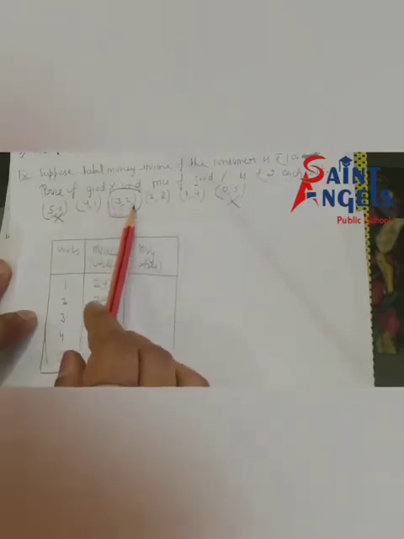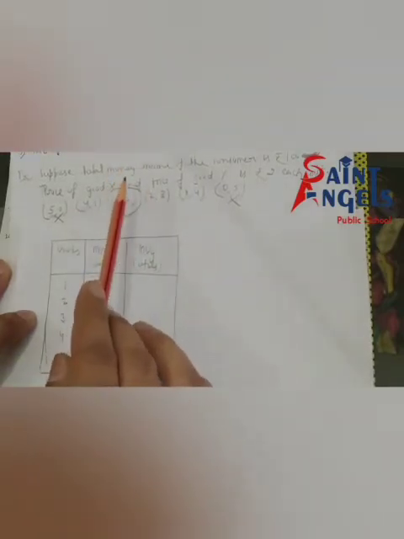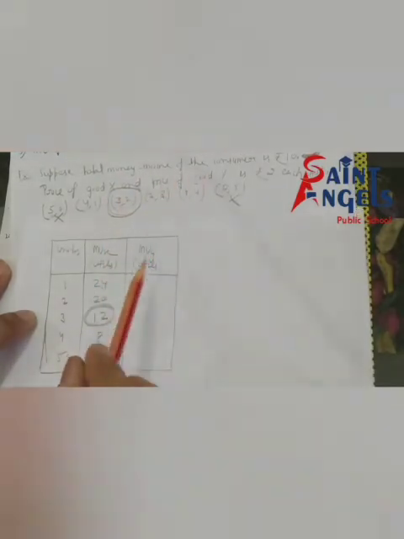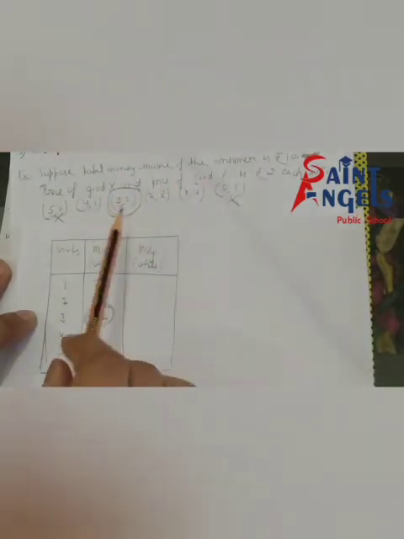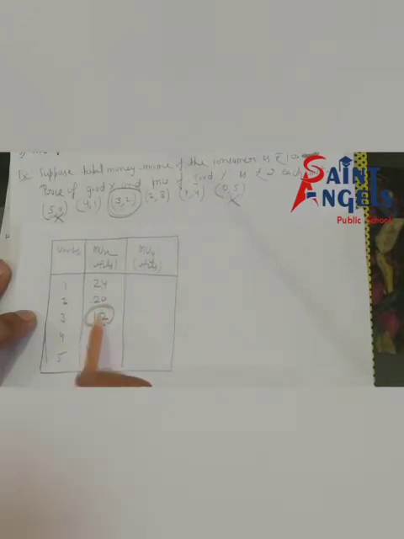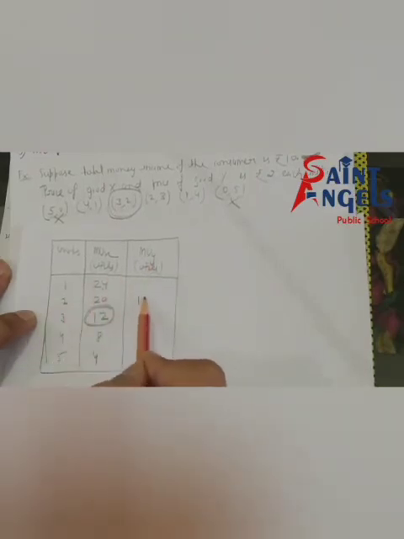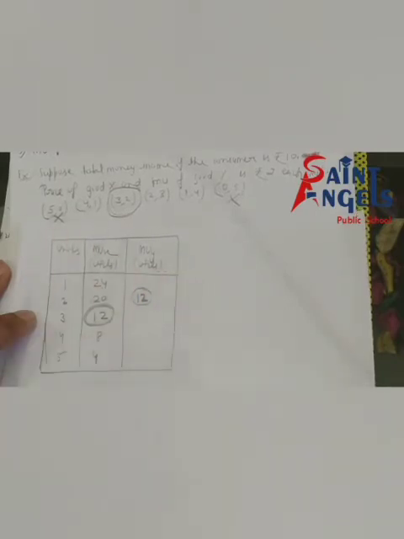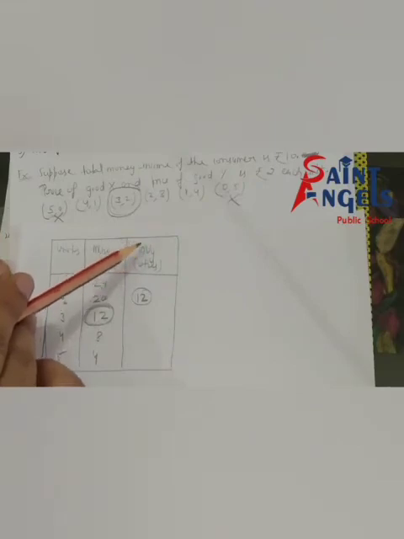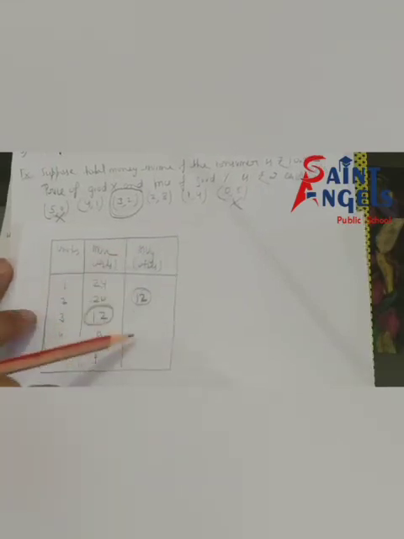Because I am using 3 units of good X and 2 units of good Y, here is 12, and for the second unit of good Y I take 12. I hope all of you have understood. Marginal utility should be in diminishing, decreasing order.